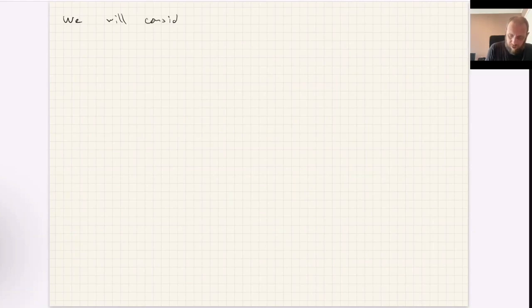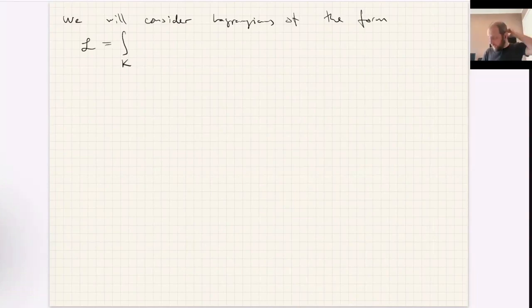Okay, so what can we do? Well, just as we did in the case of a finite index set, we will consider Lagrangians of the form L equal to the integral over k.